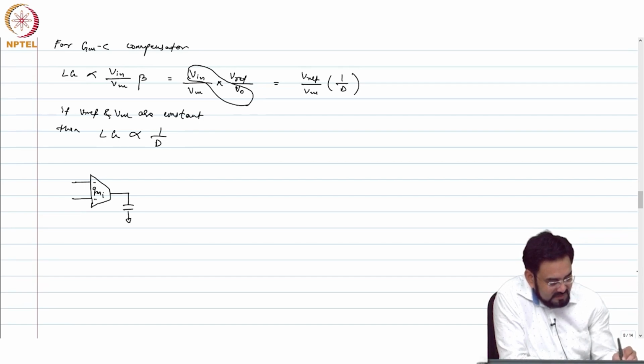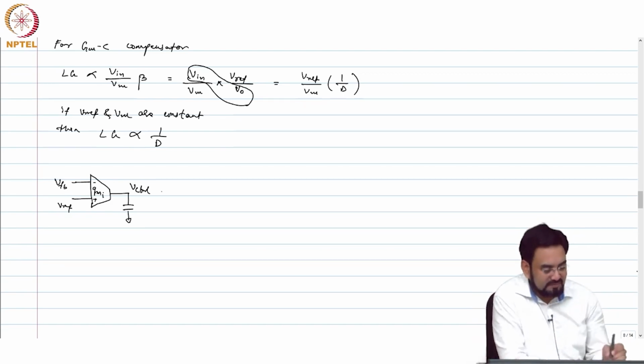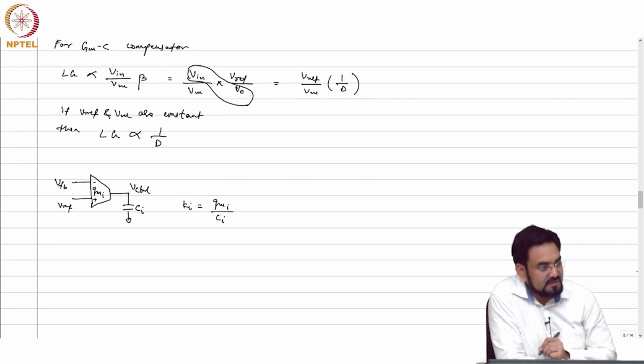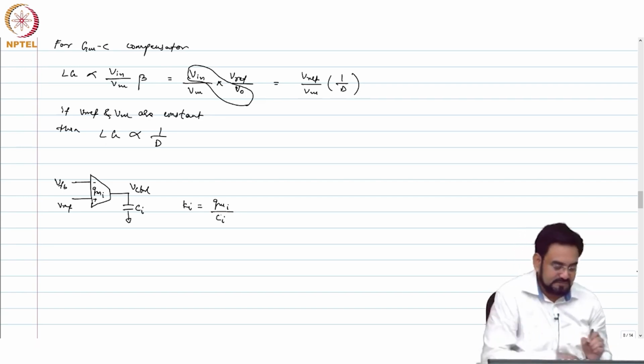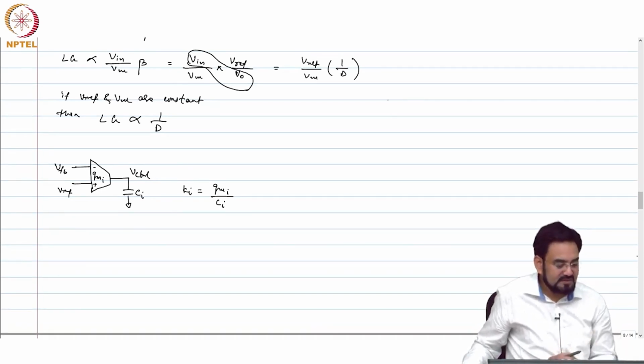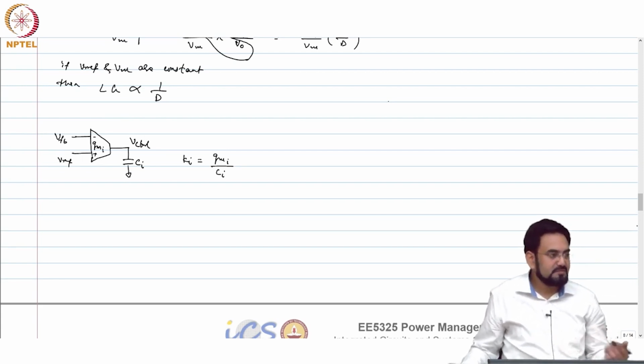One side is your VREF, this is your VFB, and this was your V control, correct? This is CI. So what is KI? GMI by CI. And if you have a proportional component, let's say a resistor, then GM by RP will be your proportional.